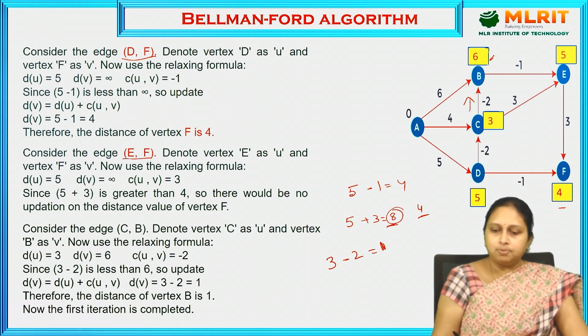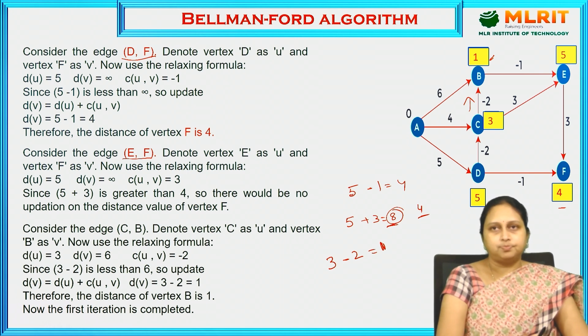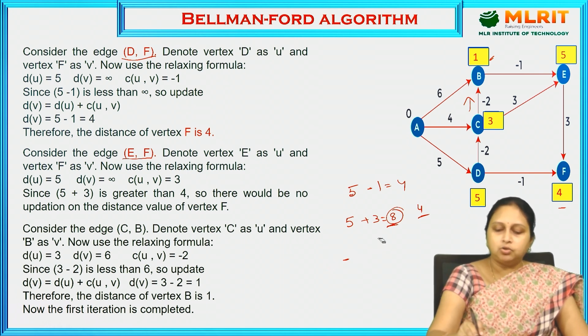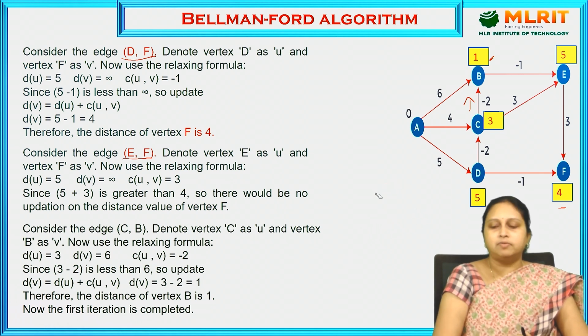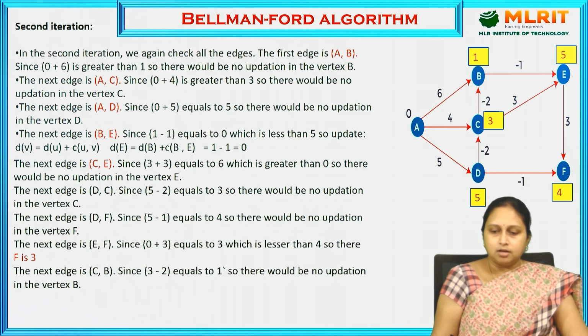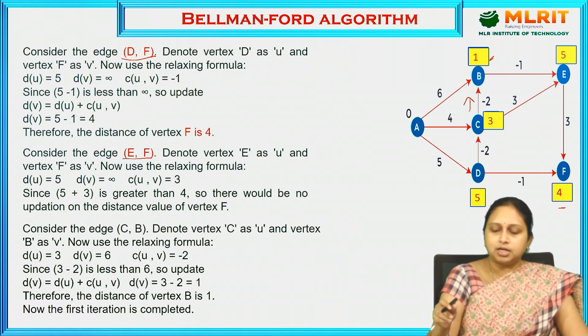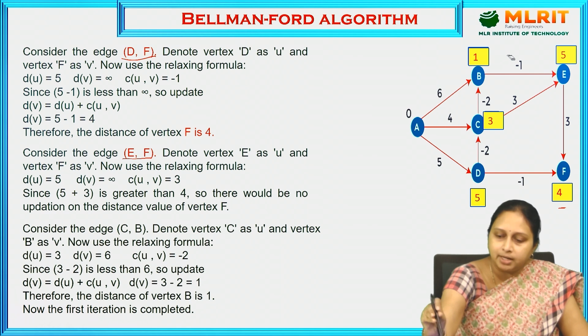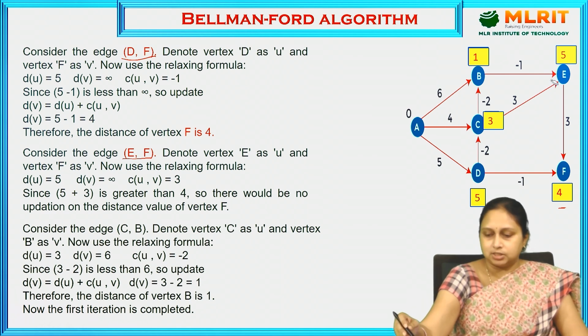So, we need to replace that with 1. Okay. Like this way, we need to find the distance of every vertex value. After finding all the vertex values, this is the graph where you are going to get it. Okay. After first iteration, these are the updated values for each and every vertex.